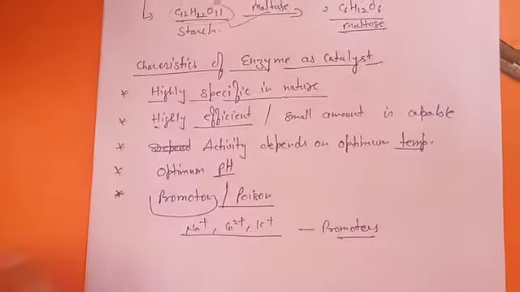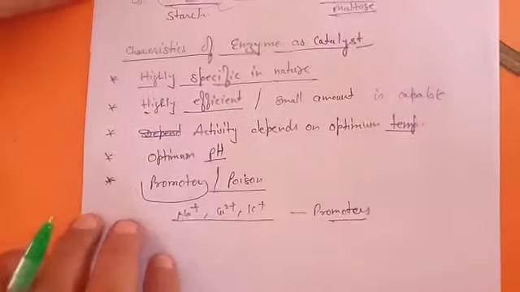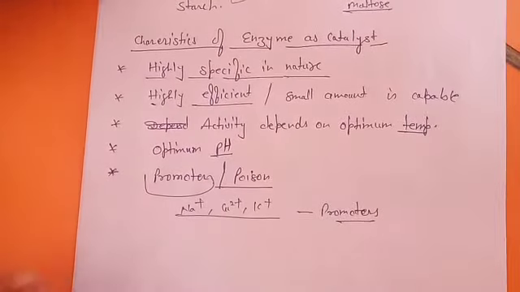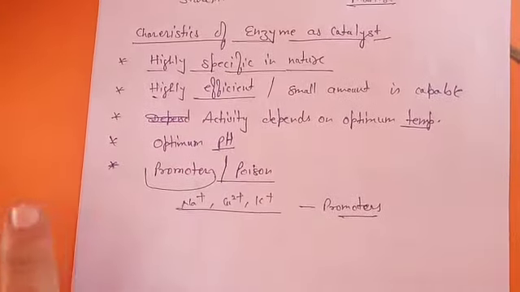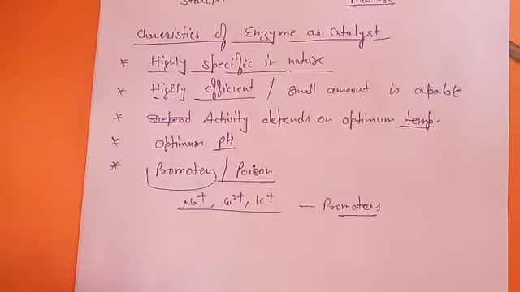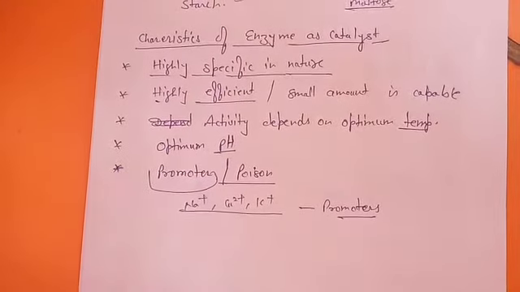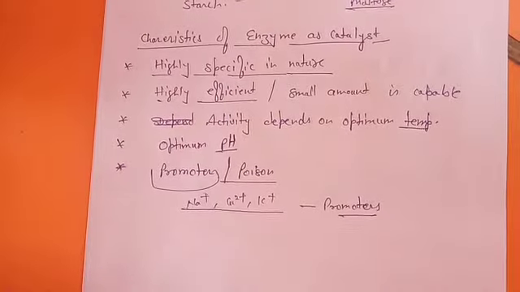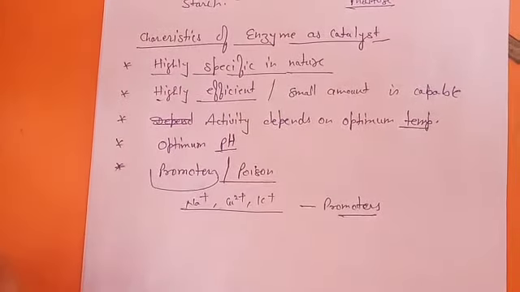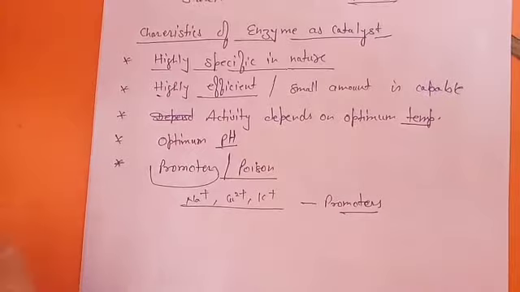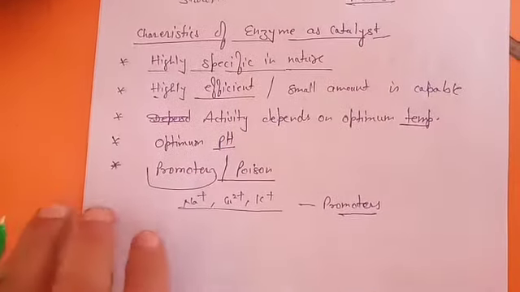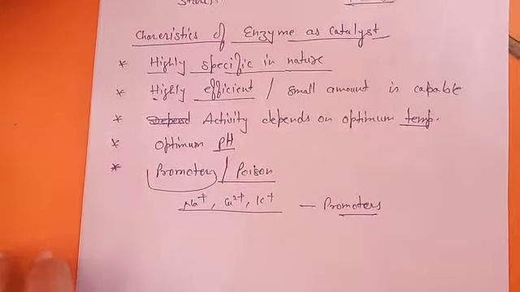At least one example you have to give. The next thing is the characteristics of the enzyme: highly specific in nature, highly efficient, optimum temperature needed, optimum pH needed, promoters and poisons which enhance or reduce the activity of enzymes.